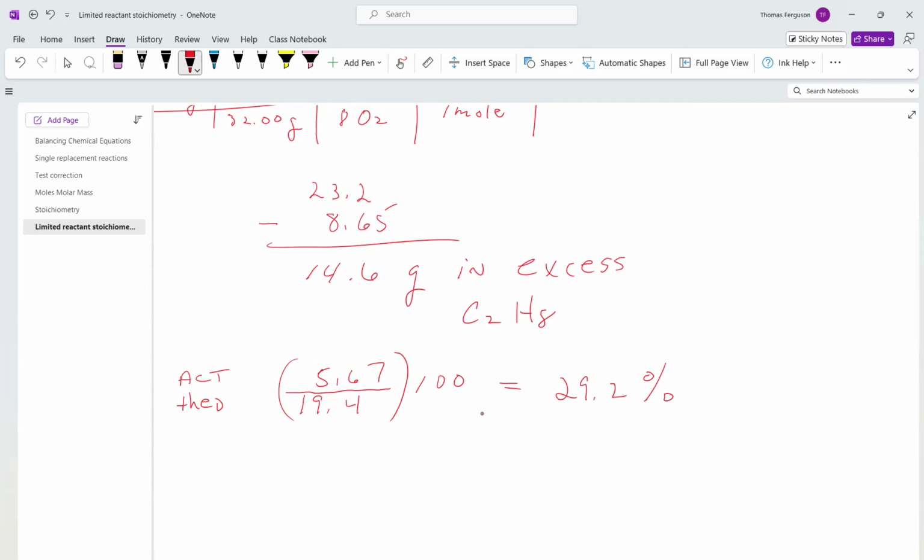29% yield, just FYI, is a very poor yield. And it's interesting depending on circumstances. For example, the method to make meth was developed by Germans in World War II. Hitler fed his men meth so they could have more energy, so they could do the blitzkrieg marches, etc. However, the method used was horrendously inefficient because it was made in the field and they just wanted to get it done.